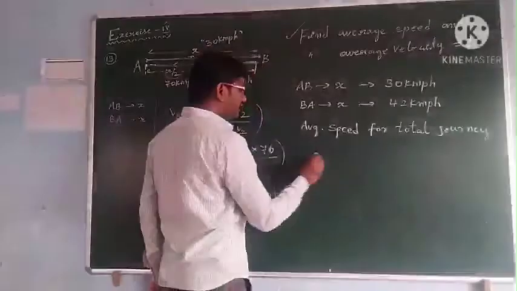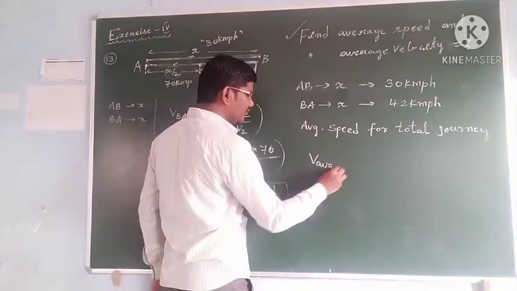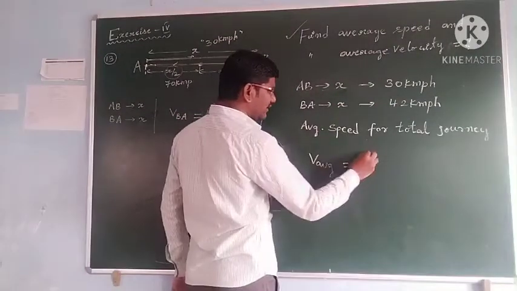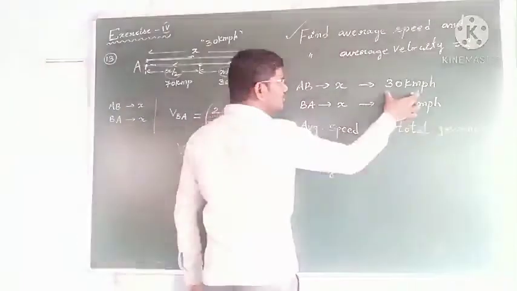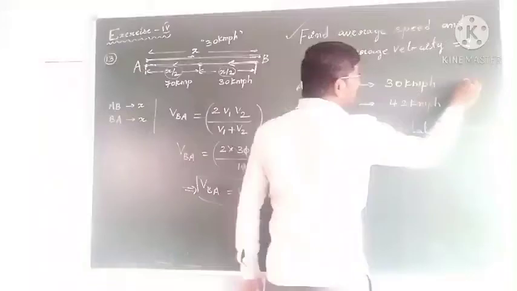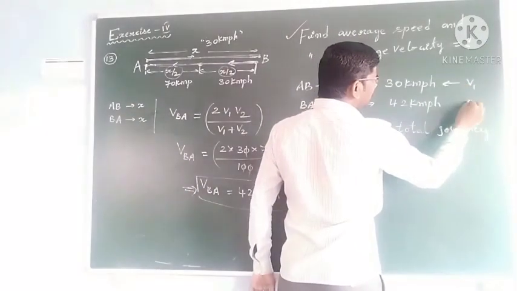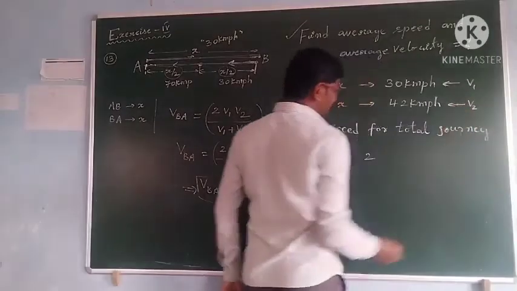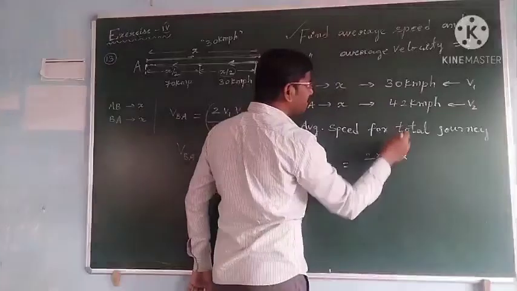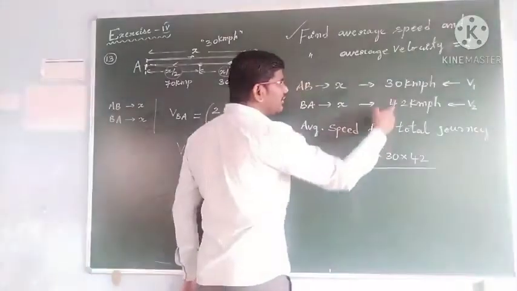So V average equals, okay, distances are same, speeds are different. Then what is our formula? 2 into V1, V2, by V1 plus V2. Take this as V1 and this as V2. So V1 is 30 and V2 is 42.